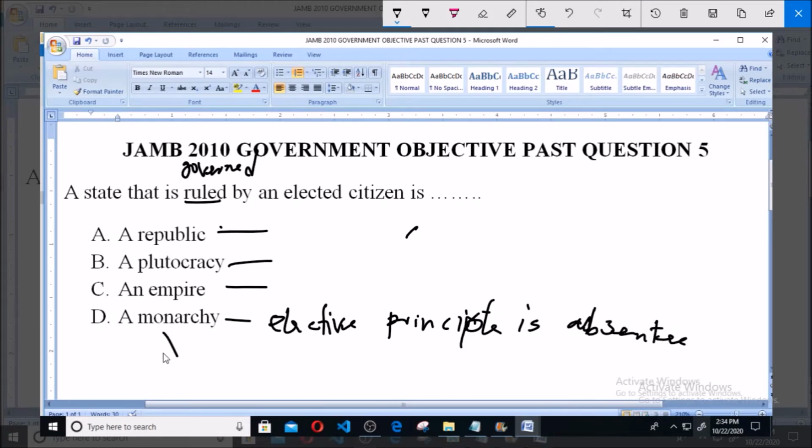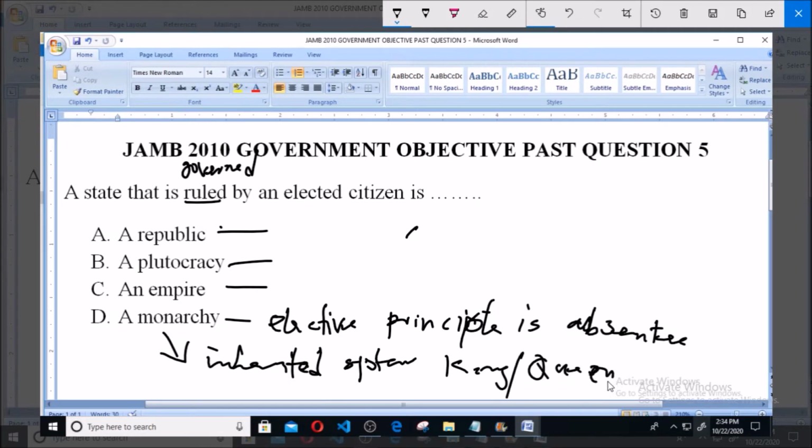It is basically an inherited system. A monarchy is ruled by a king or queen. So take note of that, by king or queen.